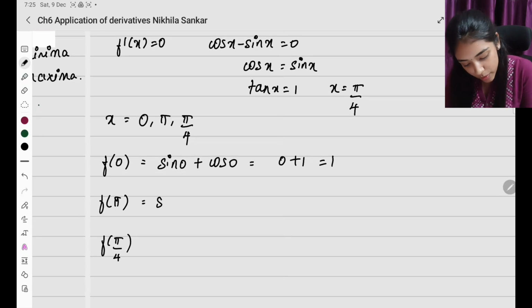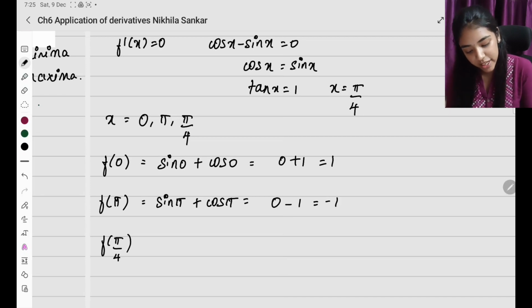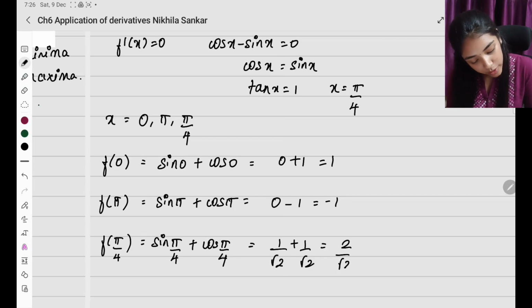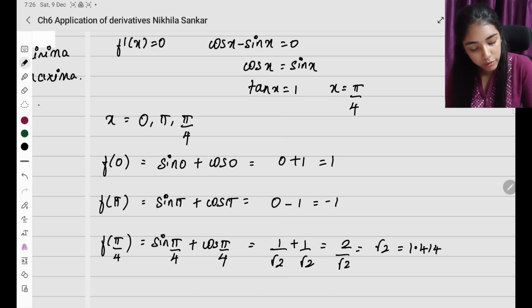Now substitute pi: sin pi plus cos pi. Sin pi is 0, cos pi is minus 1. So I have minus 1. Pi by 4 substituted: sin pi by 4 plus cos pi by 4, which is 1 by root 2 plus 1 by root 2, which is 2 by root 2, which is root 2. What is its value? It goes like 1.414.